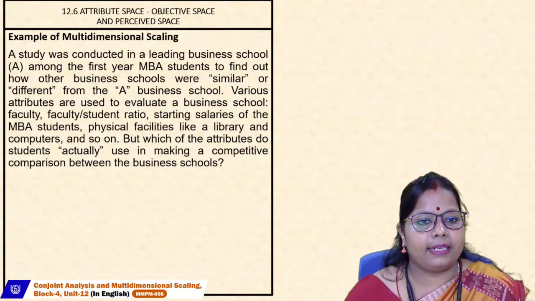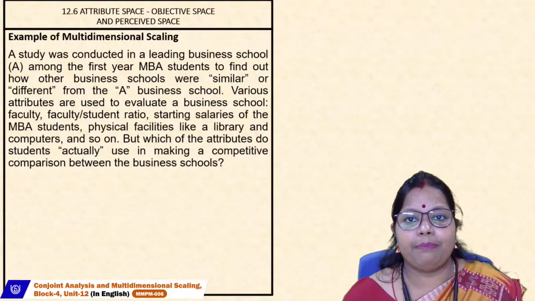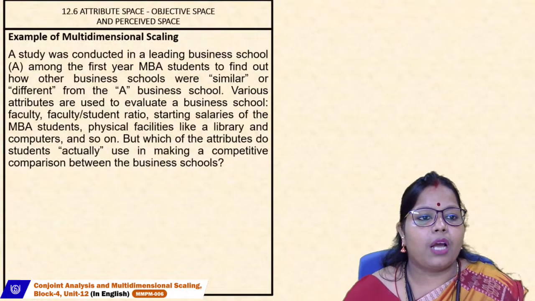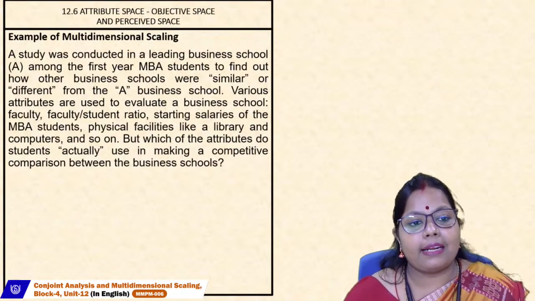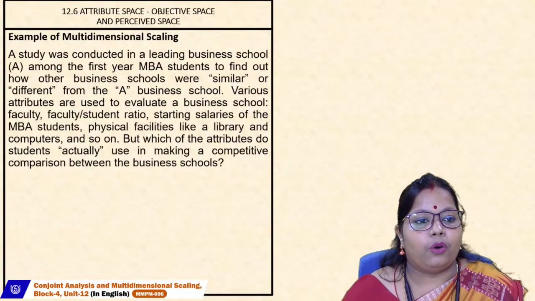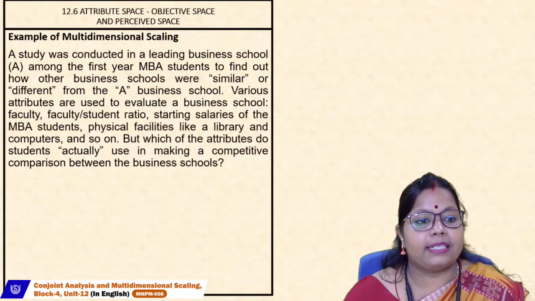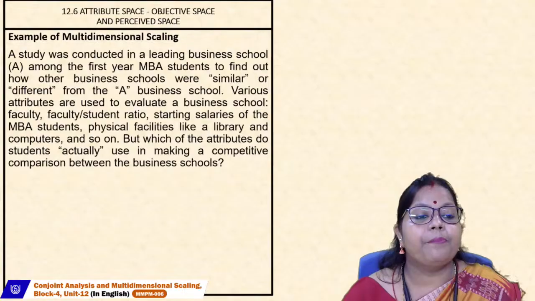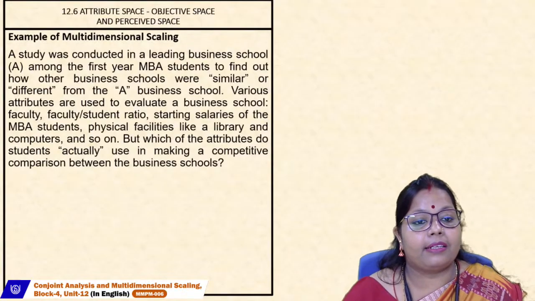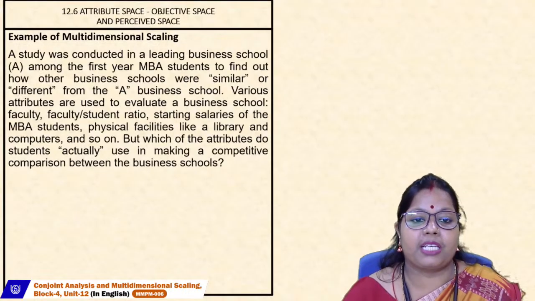A study was conducted in a leading business school A among the first-year MBA students to find out how other business schools were similar or different from business school A. Various attributes are used to evaluate the business schools, such as faculty, faculty-student ratio, starting salaries of the MBA students, and physical facilities like library and computers.